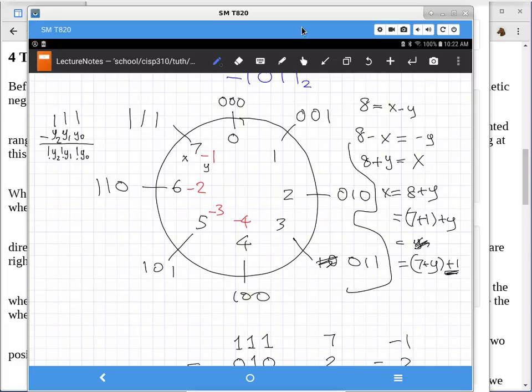The only time it actually has meaning is when you need to compare. If you're comparing 110 with 0, then you have to know: if 110 is representing 6, then 110 is greater than 0. But if 110 is representing -2, it is less than 0.